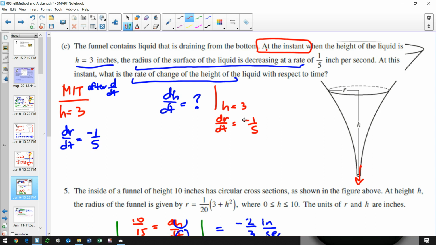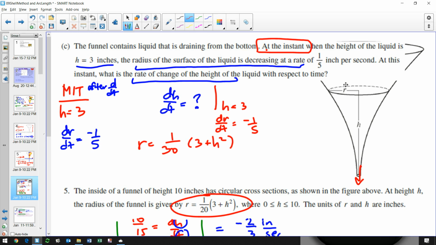So you can't use the volume formula because it's not a perfect cone, right? This cone edge is curved in here. Any other formula we have? Let me look at my board. Oh, by golly gee. Look, there's a formula right here. Maybe I could use this formula. Let me write it down. r equals 1/30 times (3 plus h) squared.